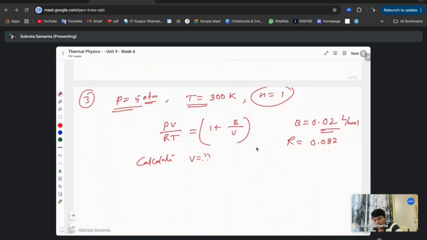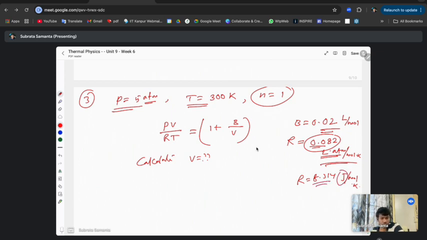Depending on the problem, you have to choose which value of R to use: 0.082 if in liters and atmospheres, or 8.314 joule per mole per Kelvin if in joules.